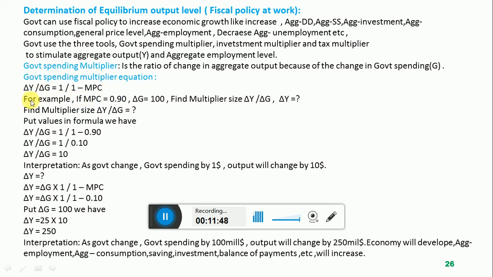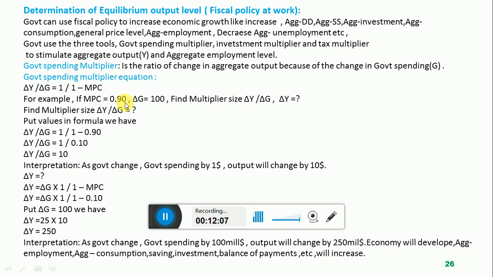Now I'm putting one example. For example, suppose MPC is 0.90. We studied MPC in the previous lecture, the marginal propensity to consume. It is the rate of consumption out of a change in income.